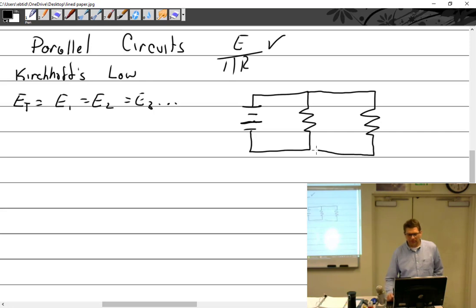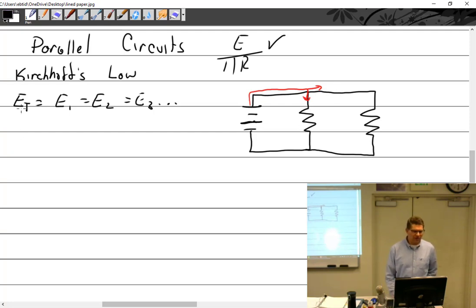So if I look at this simple parallel circuit, these two resistors are in parallel with my battery, which is to say that the amperage, the flow, is going to come up and get to some point and go, well, the electron has a choice. It can go this way or it can go that way. So it's different. Two paths.